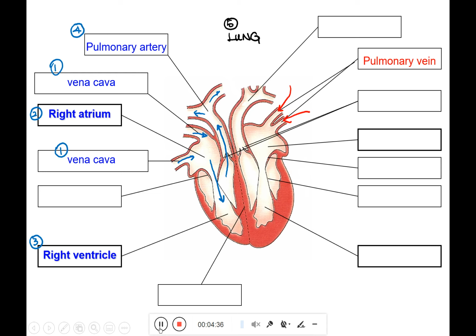The blood is then collected into the left atrium. So that's 6, 7. The left atrium would then pump the blood into the left ventricle.